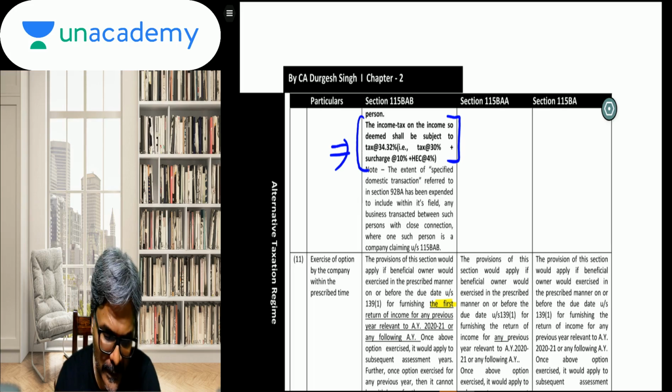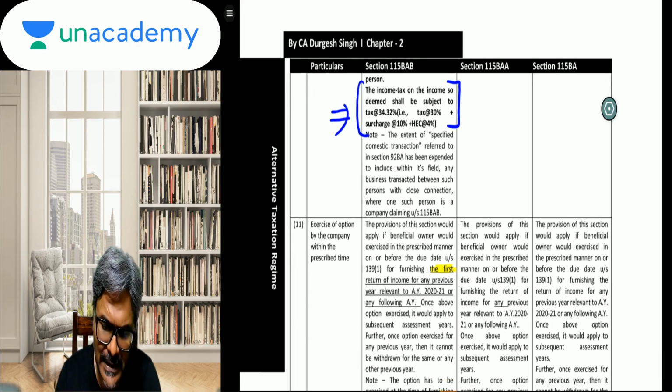It would be at 34.32 flat rate. Surcharge at 10% would be flat.